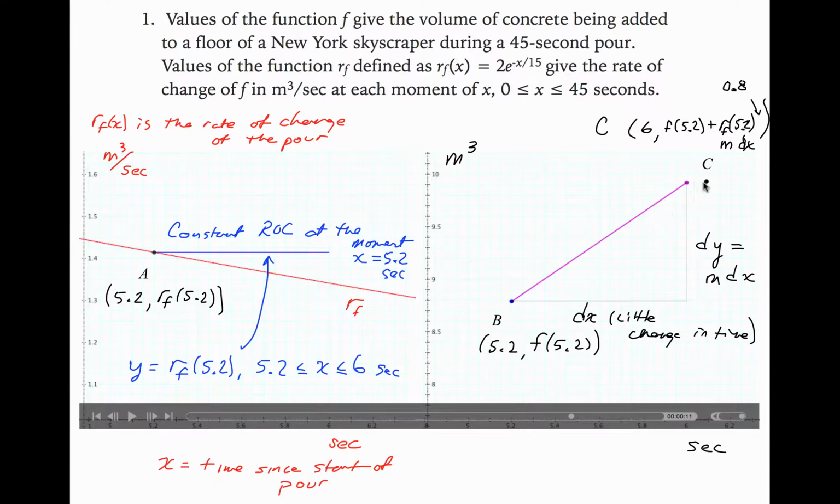And so then the actual amount would be, so I'll put it right here. Suppose this is the true correspondence of 6, and F of 6 would give the true amount of concrete poured.